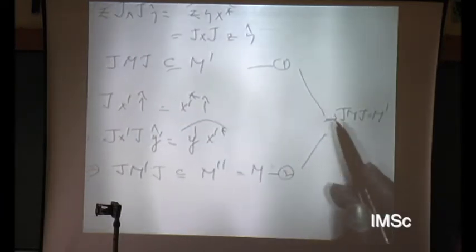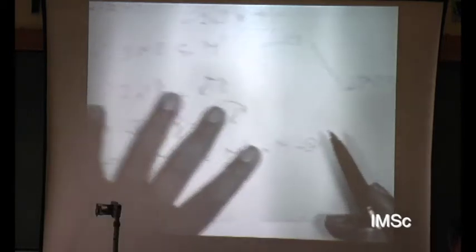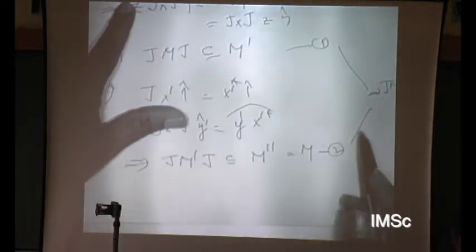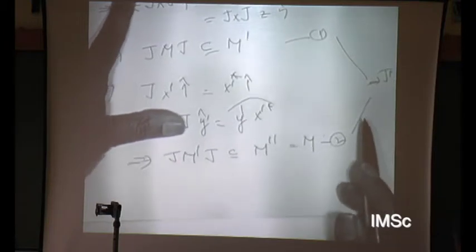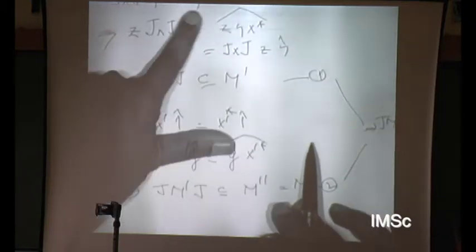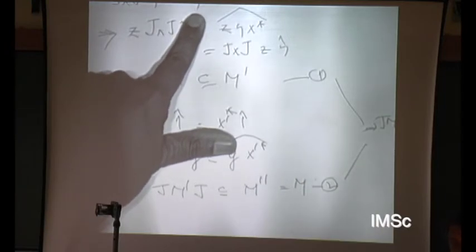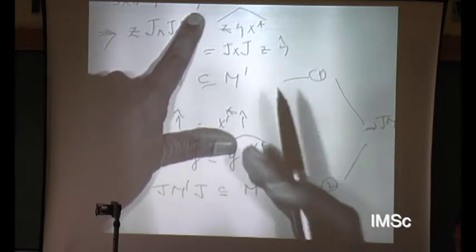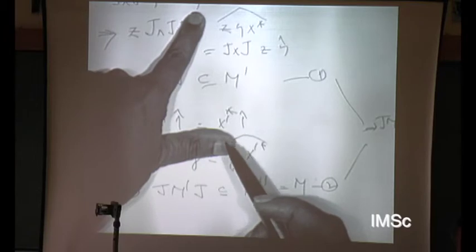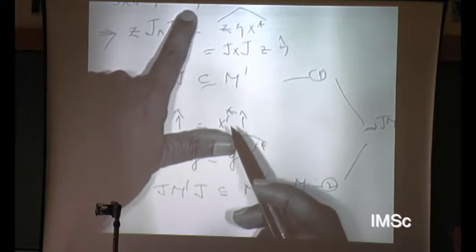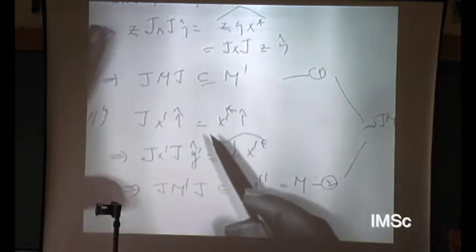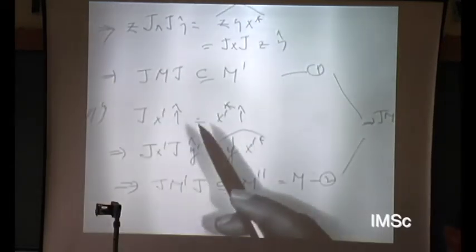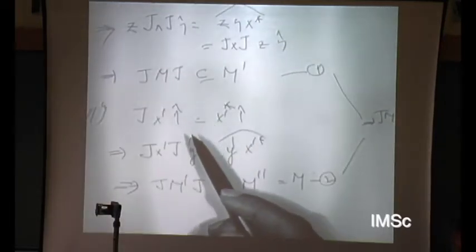And so basically you must think of M prime. See, M prime is J M J. What does J M J do? It behaves like right multiplication. What it does to a y hat is to send it to y x star hat. J x J is right multiplication by x star.